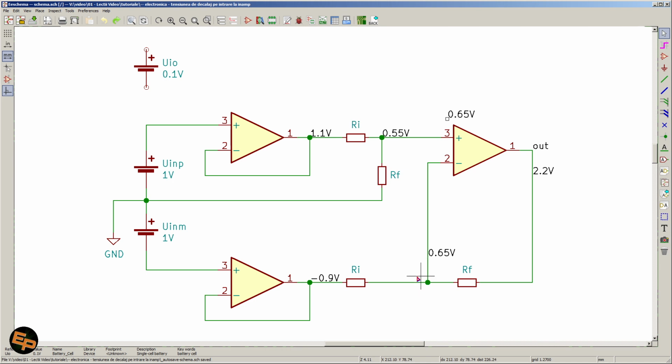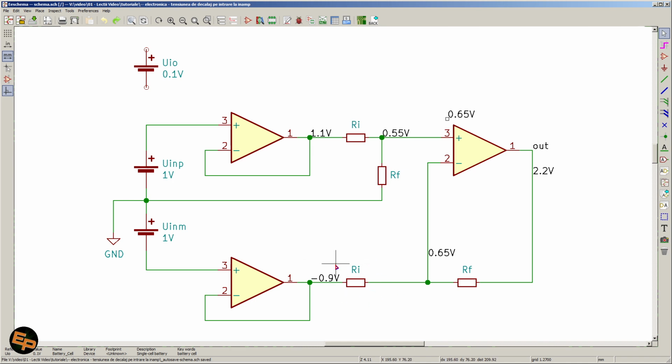So we know this middle point, we know the negative side, and therefore the input side, and therefore we can do reverse calculations to figure out the output voltage, which is the other side of this voltage divider. So on this particular resistor here, we have 0.65 minus 0.9, therefore 1.55 volts here on this resistor.